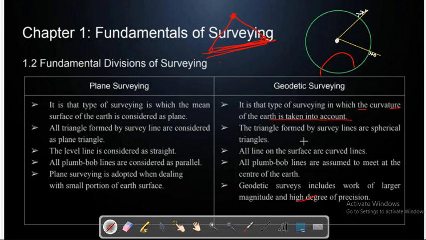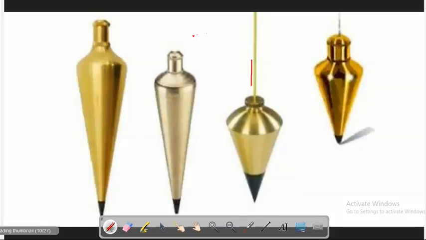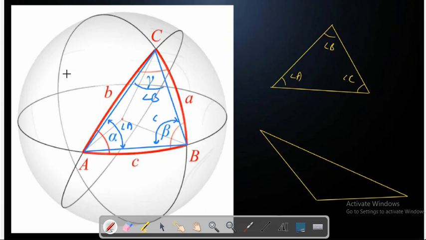But in case of a geodetic survey, the survey lines form spherical triangles. In this figure, this is the curved portion, right? If you see the intersection point of various curves, then you can say one triangle is formed, but this triangle is not similar to the planar triangle.